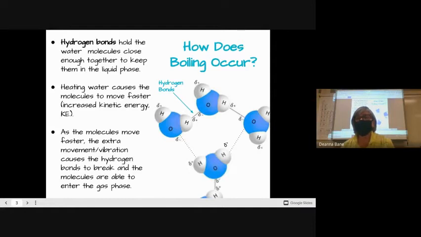And once they break, then the water molecules are free to move even faster. And really fast moving water molecules are vapor molecules or gas molecules. And so if we get them to move fast enough, we can see that the water molecule moves into the gas phase. It doesn't disappear, it just moves fast enough to go into the gas phase.